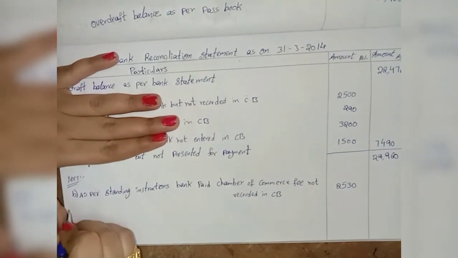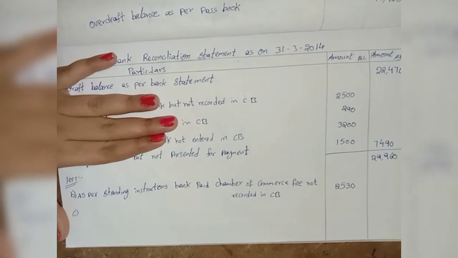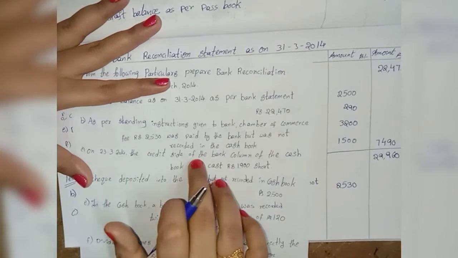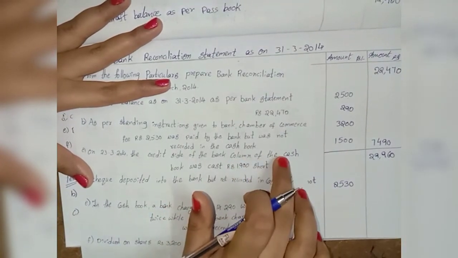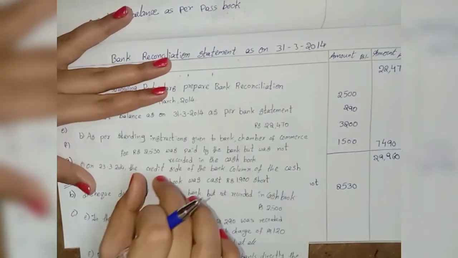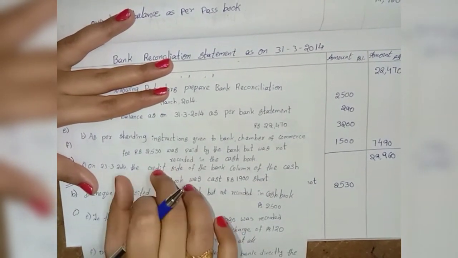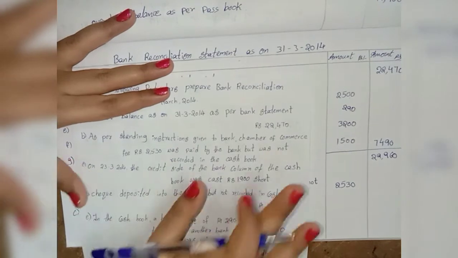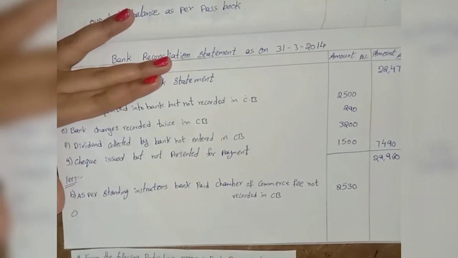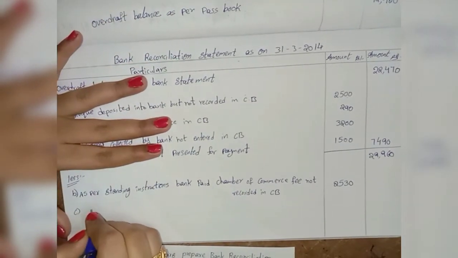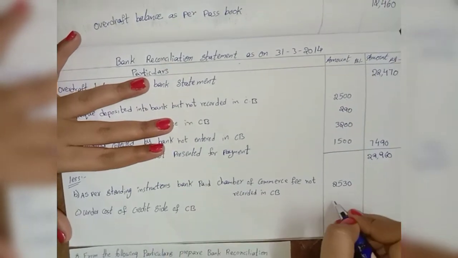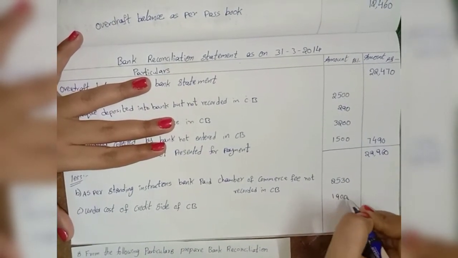And next, the credit side of the bank column of the cash book was cast 1,900 short. Credit side cast short means we have to enter it on the debit side, so the debit side has a minus symbol. Undercast of credit side of cash book, 1,900.